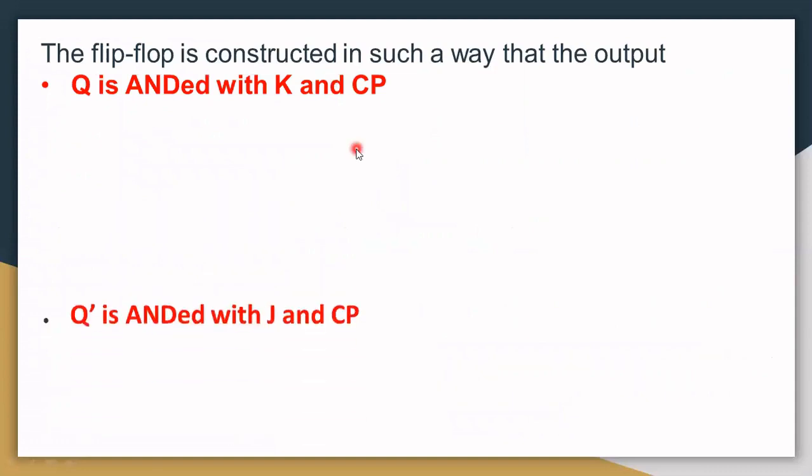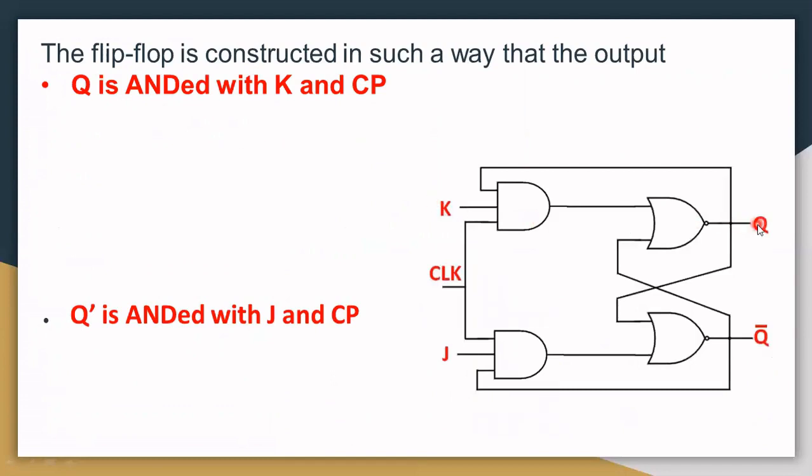So, the flip-flop is constructed in such a way that the Q output of the first NOR gate, it is here, is ANDed with K. That means our feedback is given to an AND gate from the Q output and it is connected with K. Therefore, in this first AND gate, we have K input, feedback from Q, then clock.